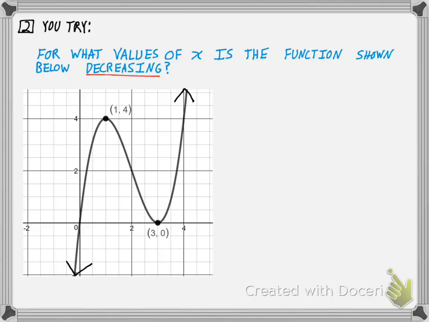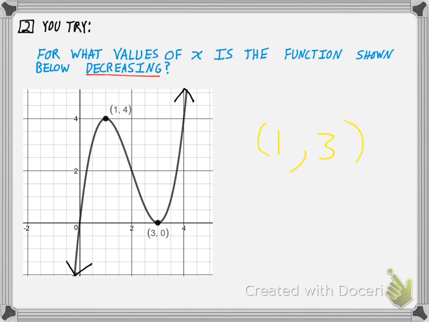Alright, let's try you try. Here's a picture of a graph. I want you to simply answer for what values is the function decreasing. Alright, so what I'm looking for here is the section where I'm decreasing, and if you read the graph from left to right, you don't start decreasing until x equals 1, and you stop decreasing when x equals 3.